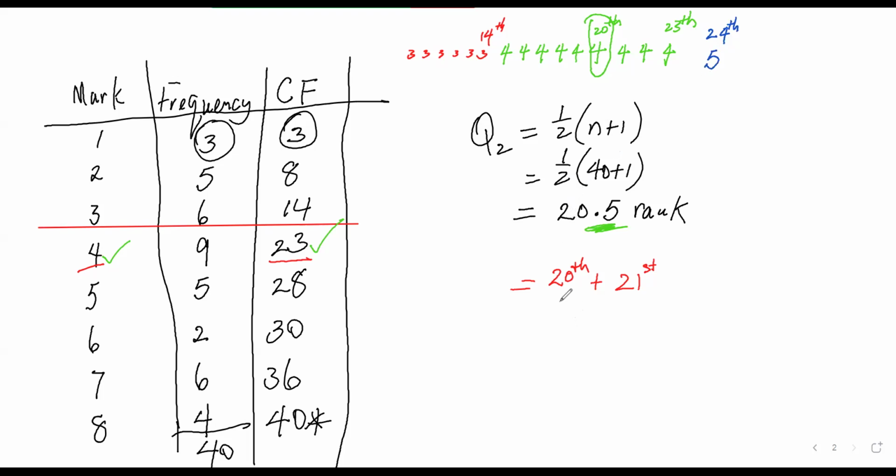So we're looking at the 20th number, which was 4, plus the 21st number, which is 4. 4 plus 4 divided by 2. So my Q2, my middle number or median, is equal to 4. Everybody okay with that?